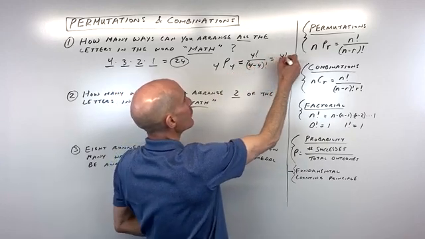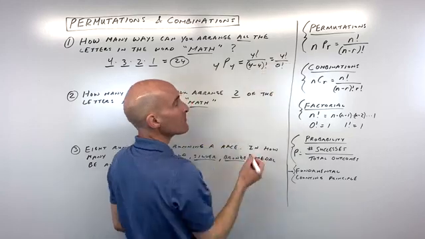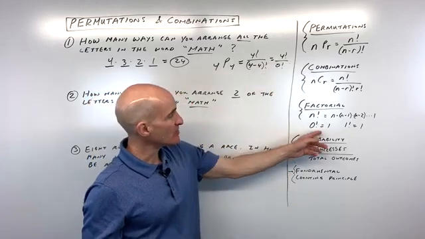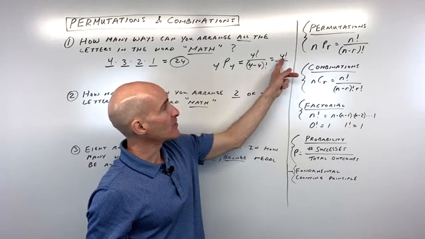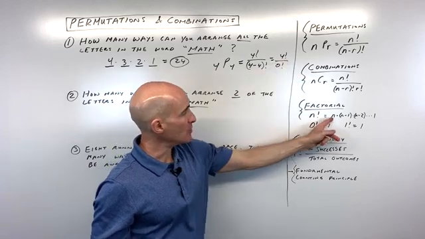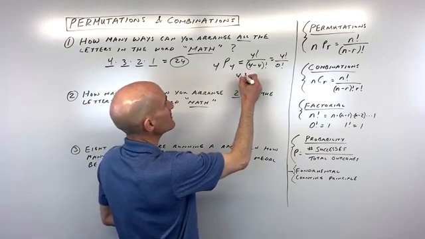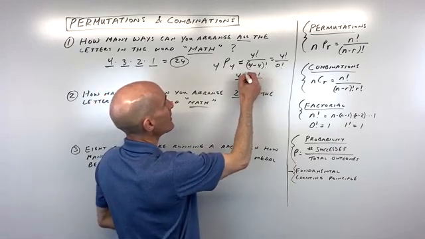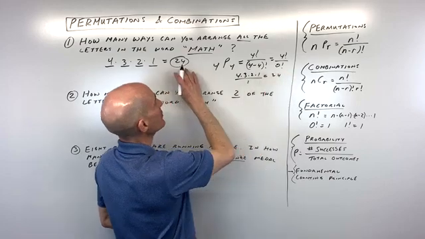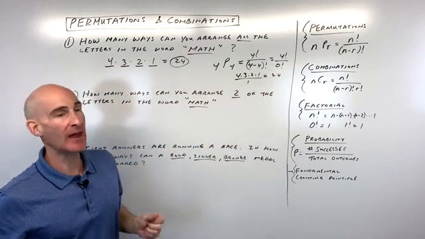So this comes out to 4 factorial over 0 factorial, and you want to memorize that 0 factorial is actually 1, but with 4 factorial is you start at 4 and you multiply consecutively down to 1. So this would be 4 times 3 times 2 times 1, all divided by 1, which is the same thing we got here, 24. So 2 different ways to look at that one.